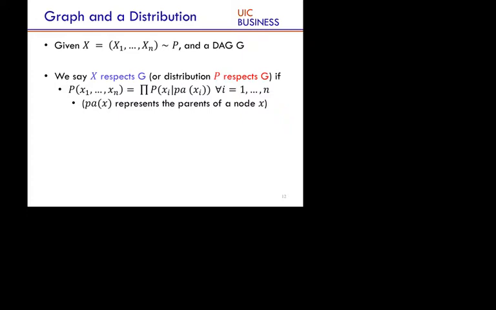Last time, for a directed acyclic graph, we saw what the parents of a node were. So the joint distribution decomposes as a product of these factors, which are the probability of xi given the parents of xi. This is a product of n terms, because there are n random variables here.